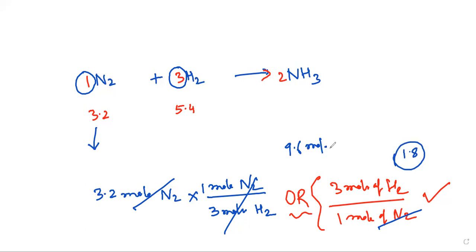We need 9.6 moles of H2, but we have less than that, so we don't have enough, which is why H2 is the limiting reagent.